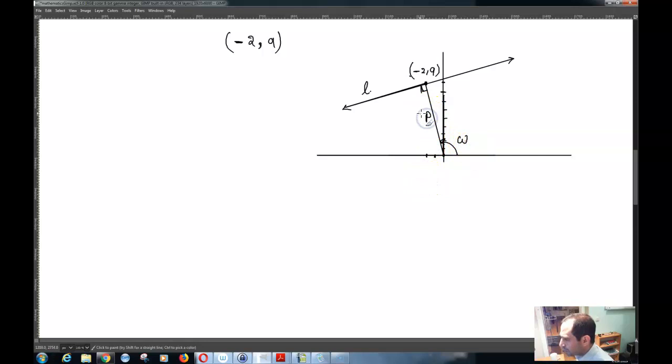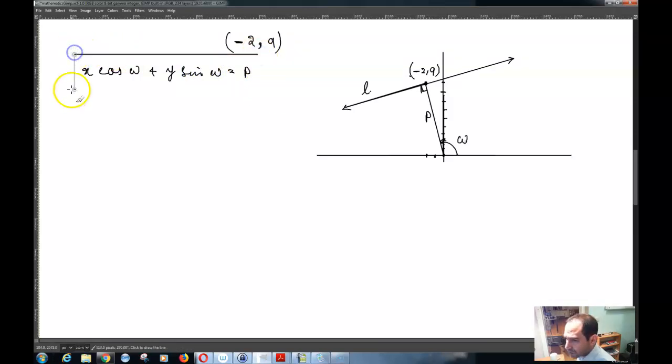So if you have P and omega, then you can write the equation of the line as x times cos omega plus y times sine omega is equal to P, and that is the equation of the line.